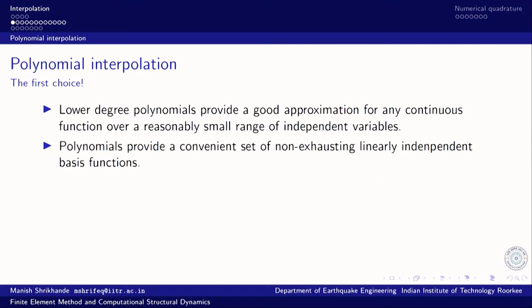So, as I was saying, polynomials provide a convenient set of non-exhausting linearly independent basis functions. The constant term, linear term, second degree term, third degree term, they are all linearly independent. When I say linearly independent, I mean I cannot get anything that is captured by a cubic variation by any linear combination of constant, linear and second degree terms.